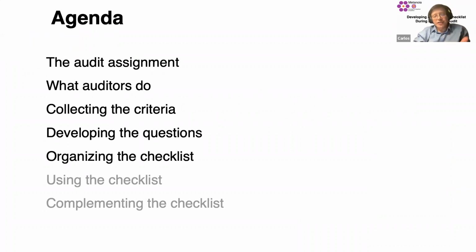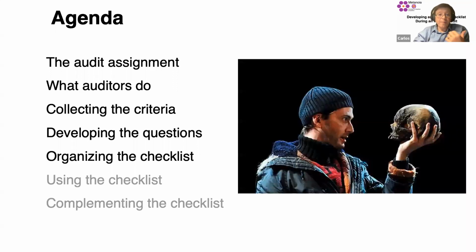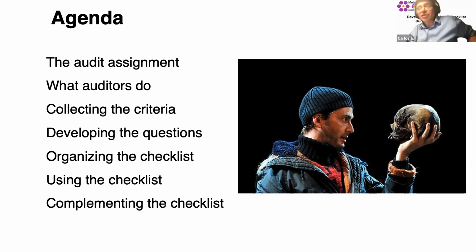I have used this theater metaphor for many years. When preparing an audit, after preparing the checklist, the auditor metaphorically must prepare a script for the audit, which is the best itinerary, the best way to do the audit. Then how to use the checklist and how and why to complement the checklist during the audit. So let's go.